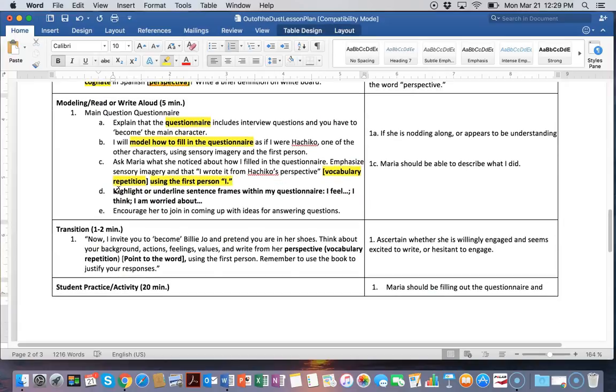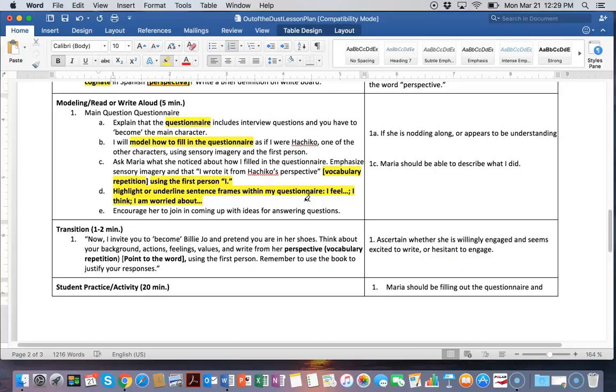And then after she does that, she actually highlights or underlines sentence frames within the questionnaire in that sample journal entry. So for example, in her sample journal entry, she may have written, I felt distraught when the dust came into our house, or I am really worried about how my family is going to survive.